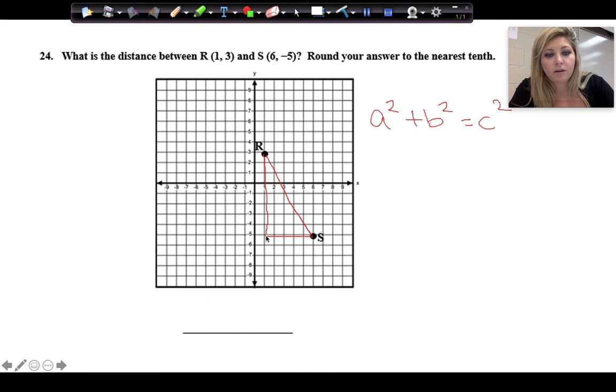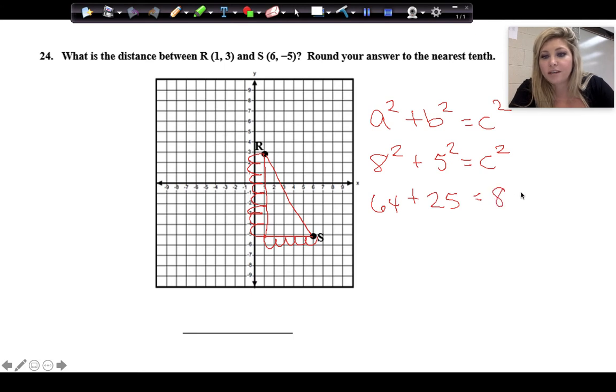Okay, so we've got 1, 2, 3, 4, 5, 6, 7, 8. So 8 squared plus 1, 2, 3, 4, and 5. 8 squared is 64 because 8 times 8 is 64. 5 squared is 25 because 5 times 5 is 25. And then 64 plus 25 gives us 89.